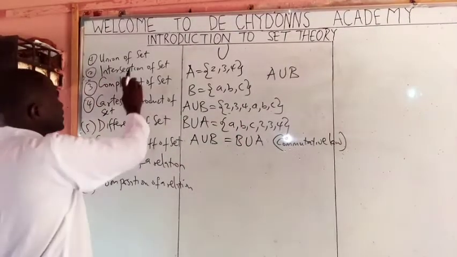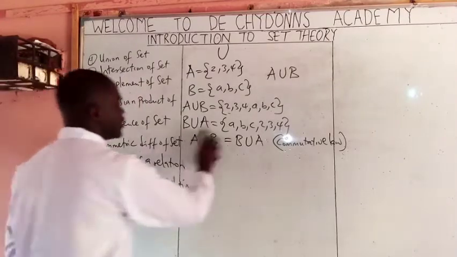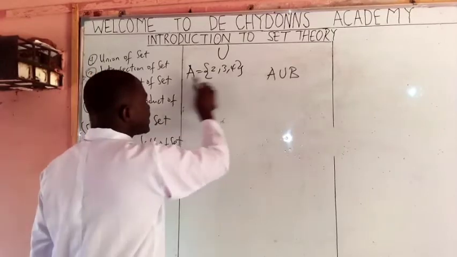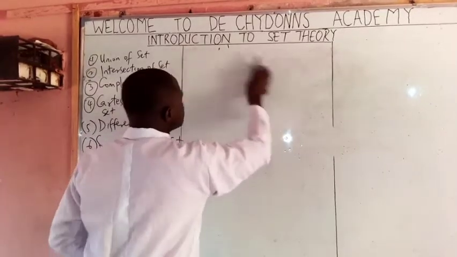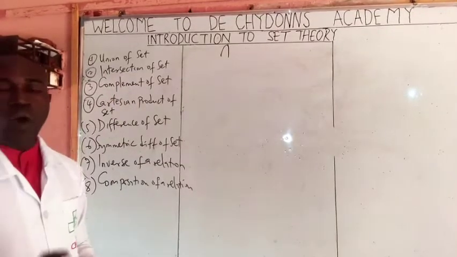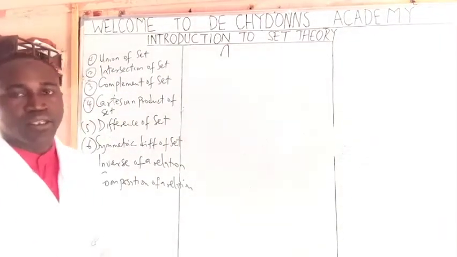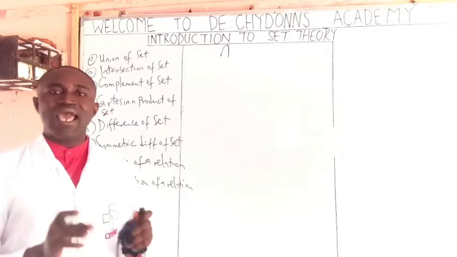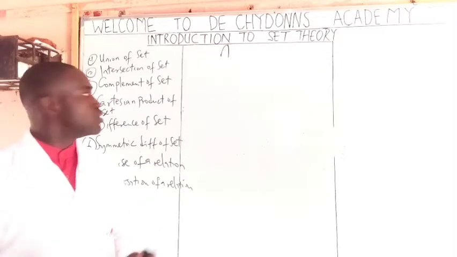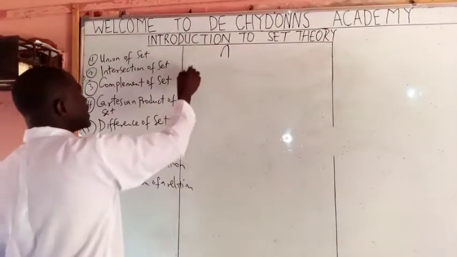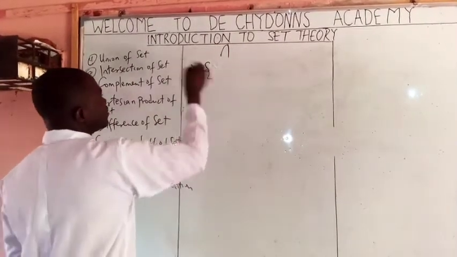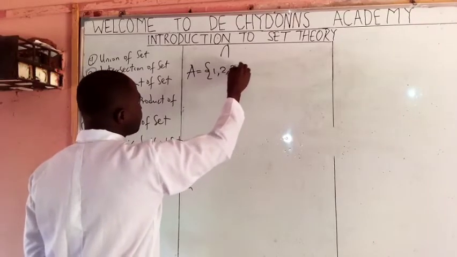Then we go to intersection of sets. In intersection of sets, it is denoted with small letter n. So, what does intersection of set mean? It simply means write down the elements that the two given sets have in common. That simply means if they say set A equals, what is set A? 1, 2, 3, 4.